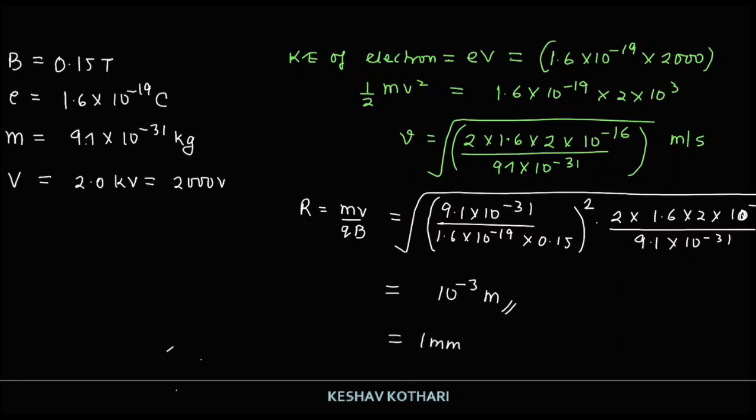Now in the next part, the problem is stating that the field makes an angle of 30 degree with the initial velocity. So the velocity component perpendicular to the magnetic field will be the sine component.